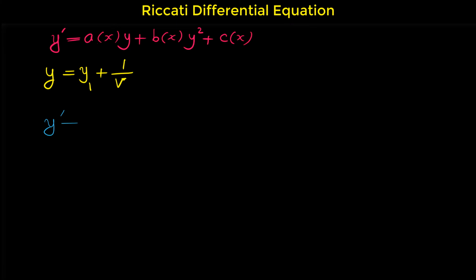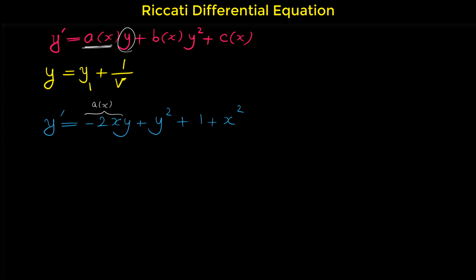y' = -2xy + y² + 1 + x². Note that in this Riccati differential equation, -2x is a(x), the coefficient of y.